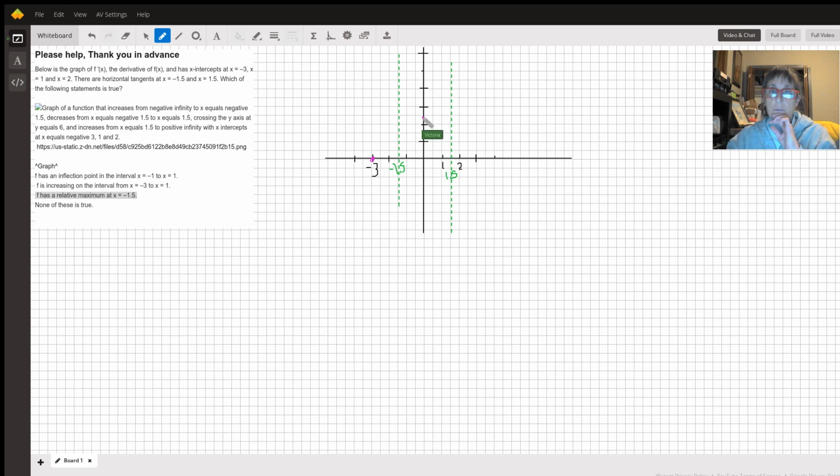1, 2, 3, 4, 5, 6. This is 6. We know that it crosses the y-axis at 6. I probably need to be able to make it higher. Rats, let's renumber this.